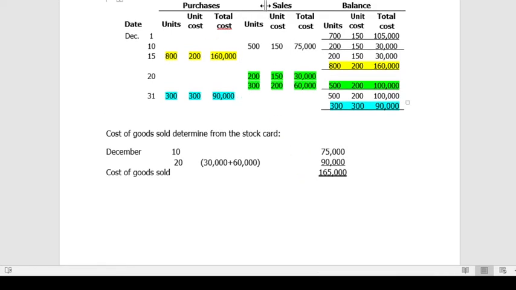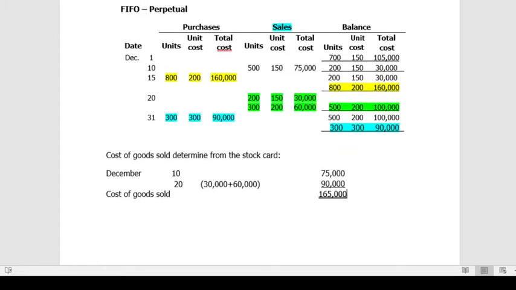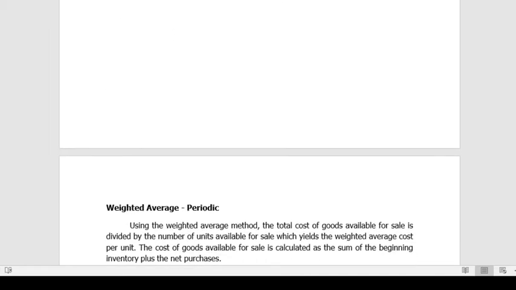Kasi pag tingin mo dito sa may column ng sales, you will just have to add yung cost ng bawat item. 75,000 plus 30,000 plus 60,000 is your cost of goods sold, 165,000. So that is the way on how we use the FIFO under the perpetual inventory system. The difference lies on the use of the stock card.